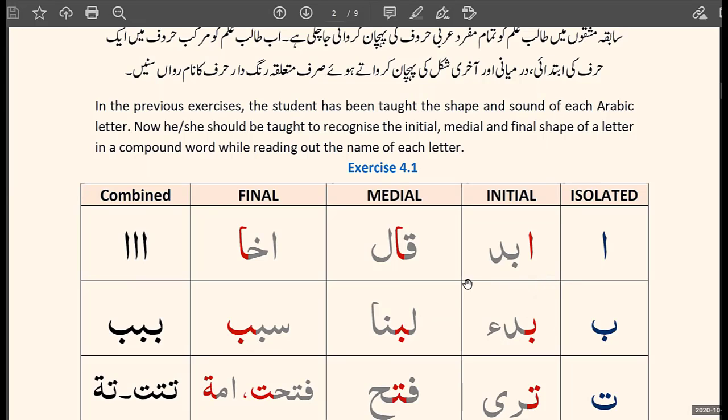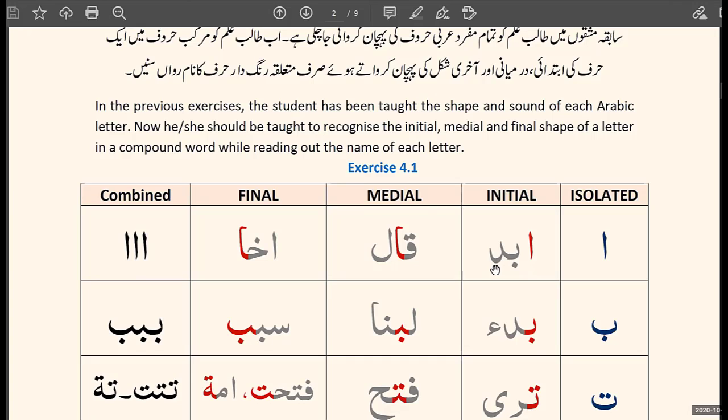Alif, Ba, and Alif, Lam. Now, first of all, Alif, Ba, and next, what is the third letter, if you can? Nun? No, Dal. Okay, this is Dal. Alif, Ba, and Dal. So it will be Alif, Ba, Dal.